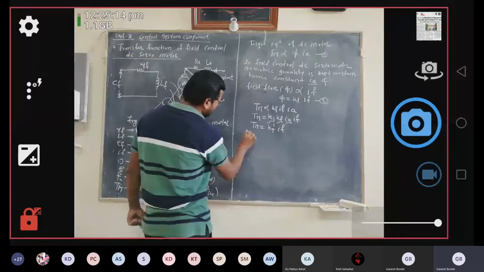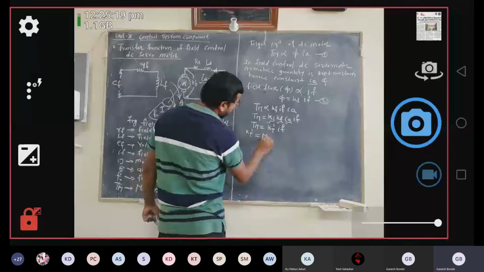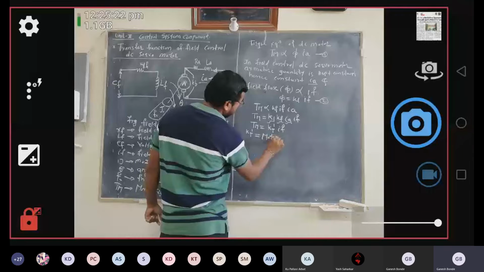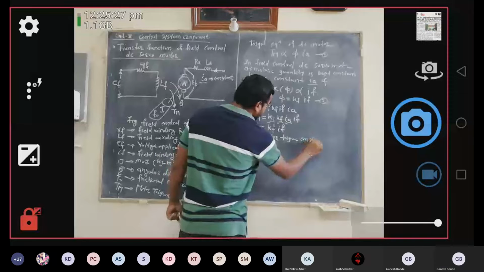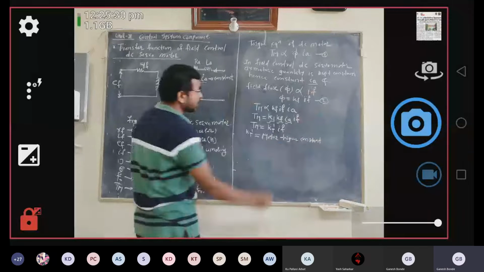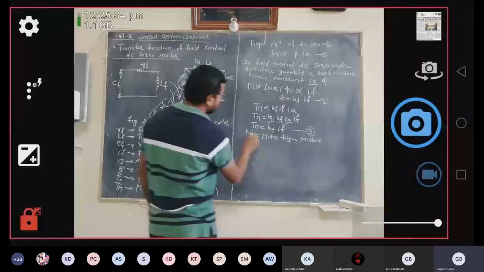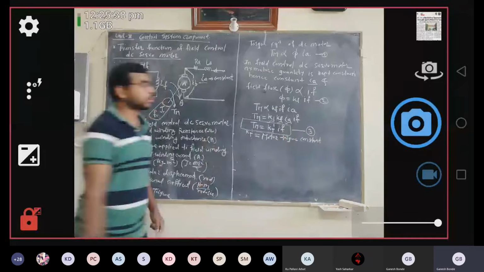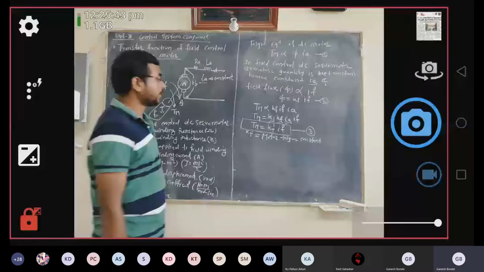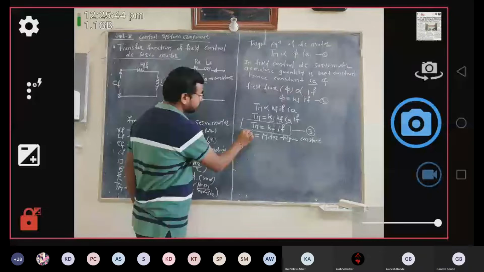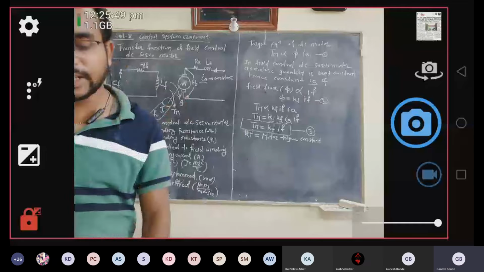Note down, Kt dash is the motor torque constant. Give equation number 3: Tm is equal to Kt dash into IF, where Kt dash is the motor torque constant. This is our step number 1.